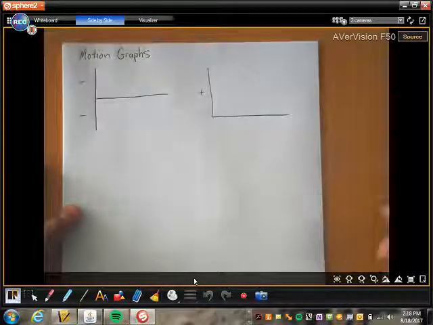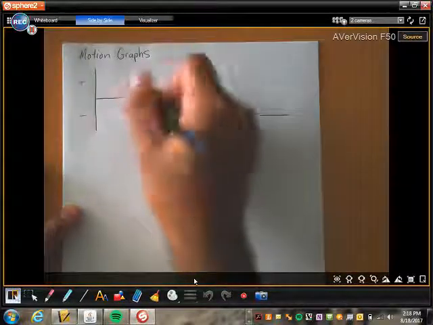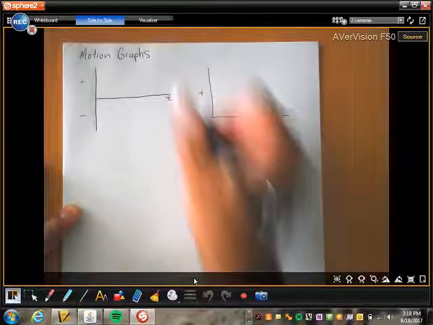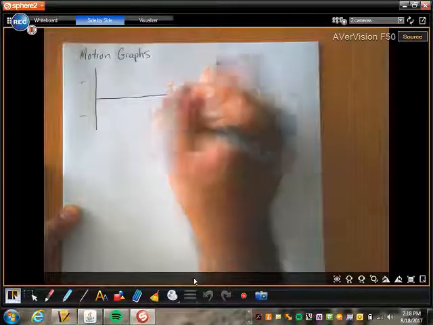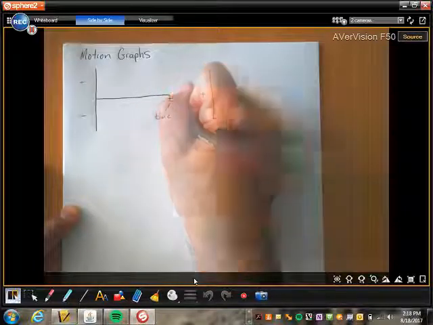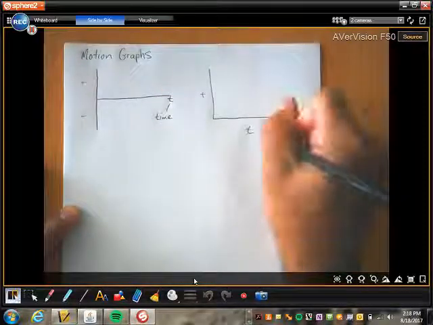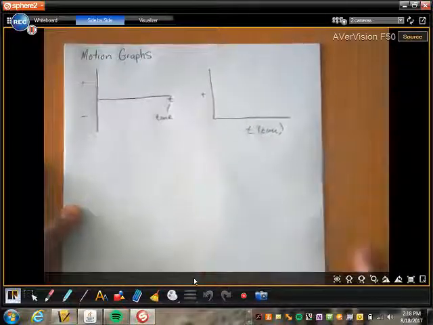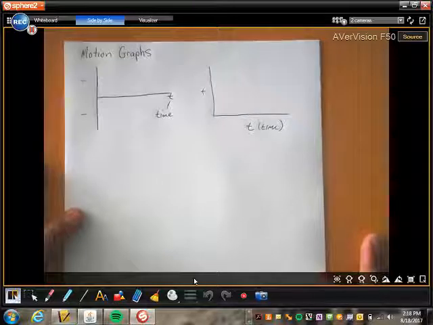I'll tell you right now, you can memorize this. This axis, which is what? The one that goes left to right here. That is your x-axis, it is always, always, always going to be time. Okay, so this is going to be t for time. So this axis is always time.